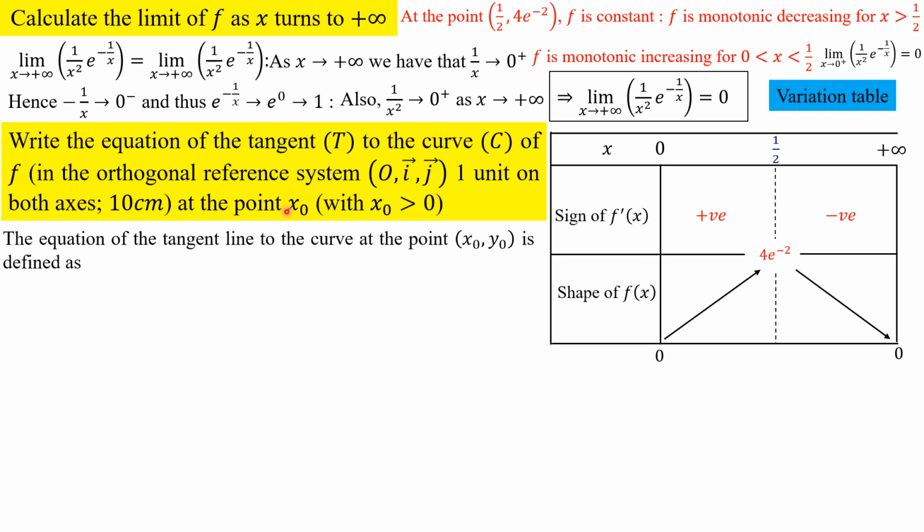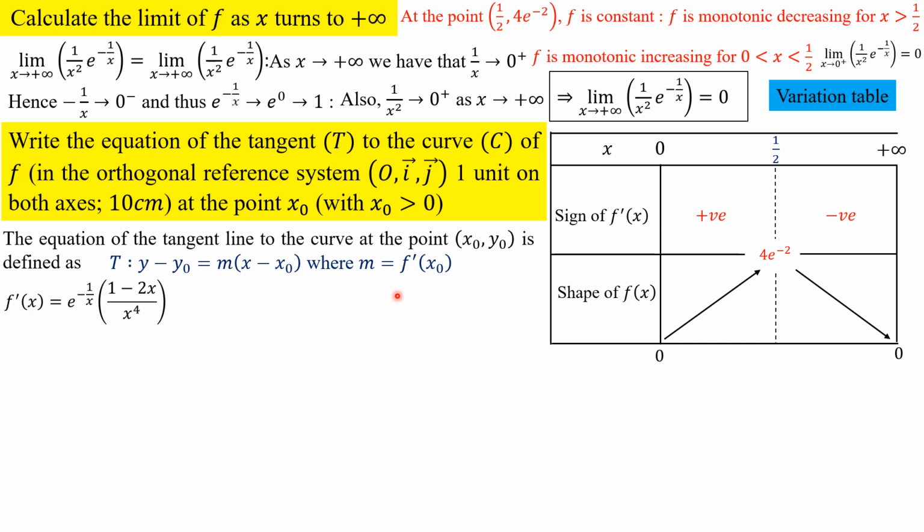The x coordinate is x0, so the y coordinate, I'm just going to call it y0. To get y0, I just need to replace x0 in my function f of x. Alright, so the tangent line is given by y minus y0 equal to m times x minus x0. My m is simply the derivative of my function at the point x0.